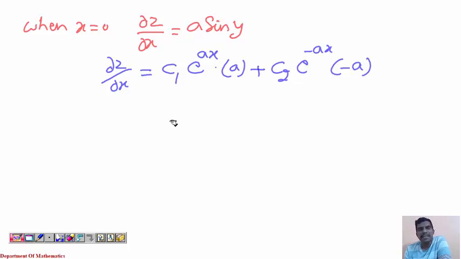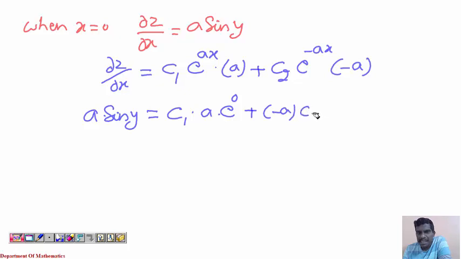Now we know that ∂z/∂x is equal to a sin y when x is equal to 0. We just substituted a sin y here, which is equal to C1 into a into e to the power of 0, plus minus a into C2 into e to the power of 0.